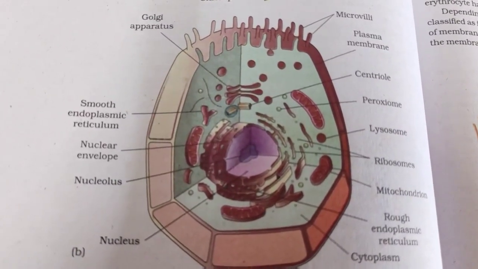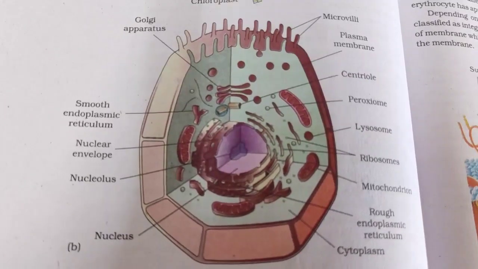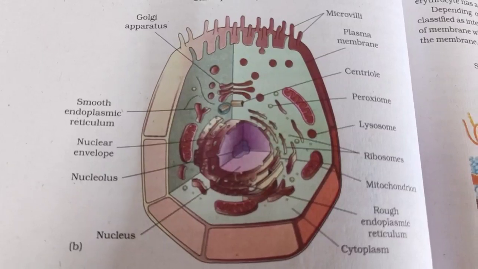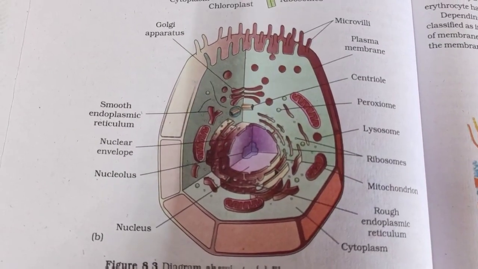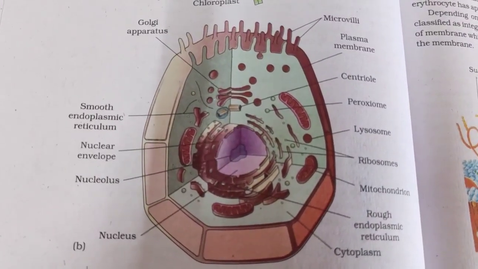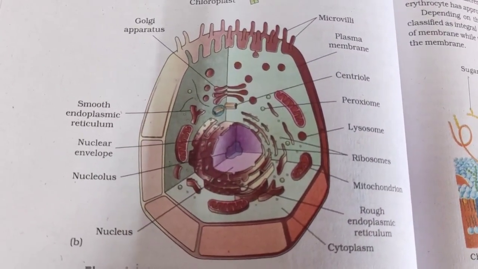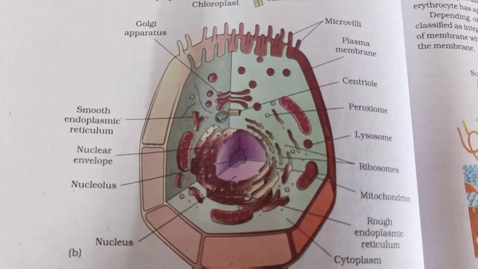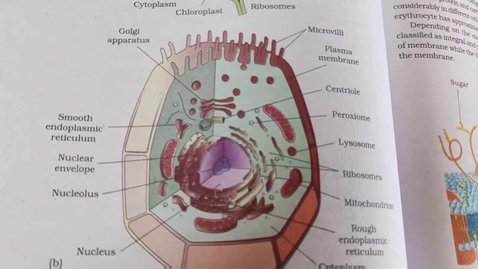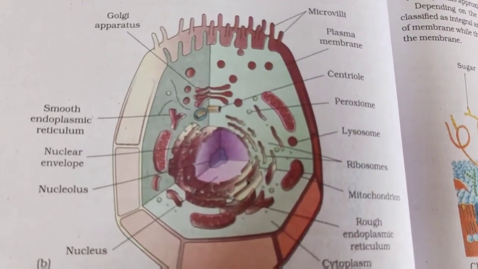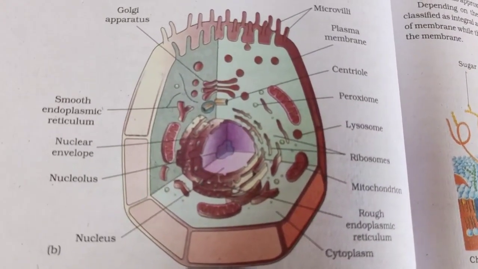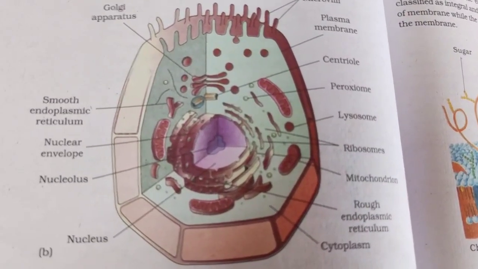Now let's see how an animal cell generally looks. It also has Golgi apparatus, nucleus, cell membrane, cytoplasm, centriole, mitochondria, smooth and rough endoplasmic reticulum, ribosomes, etc. There are two types of ribosomes. One is present on the surface of the rough endoplasmic reticulum and moving inside the cytoplasm, called 80S ribosomes, and another is present in mitochondria and chloroplast, known as 70S ribosomes.